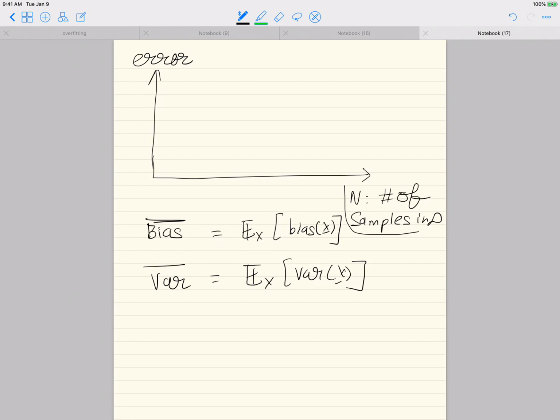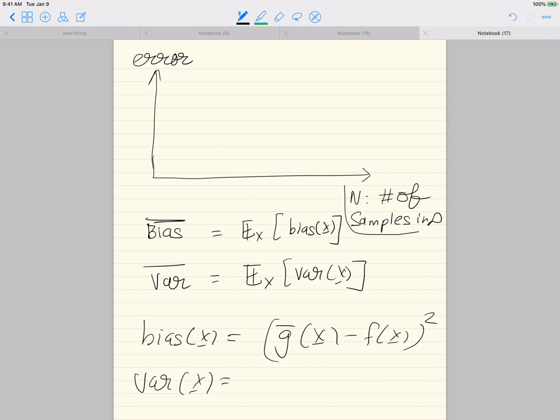So remember, the bias of x is (g bar of x minus f of x) squared, and the variance of x is the expected value over D of (g_D of x minus g bar of x) squared. This is what we had before.